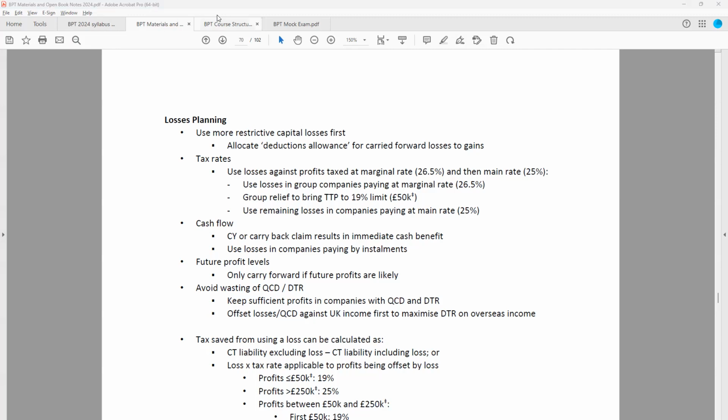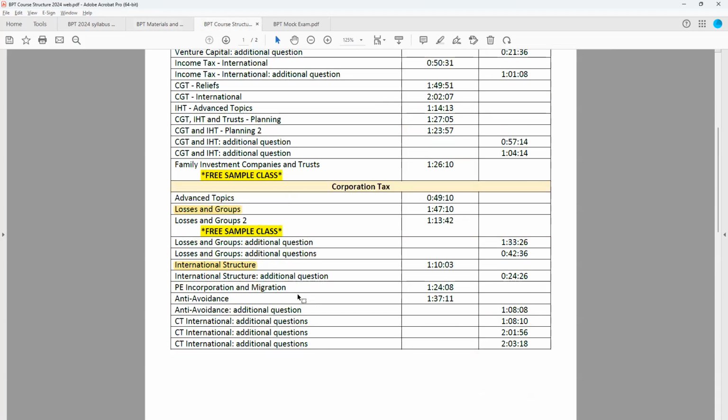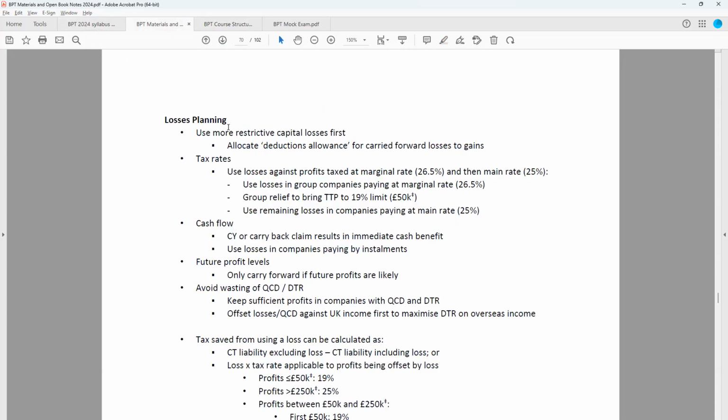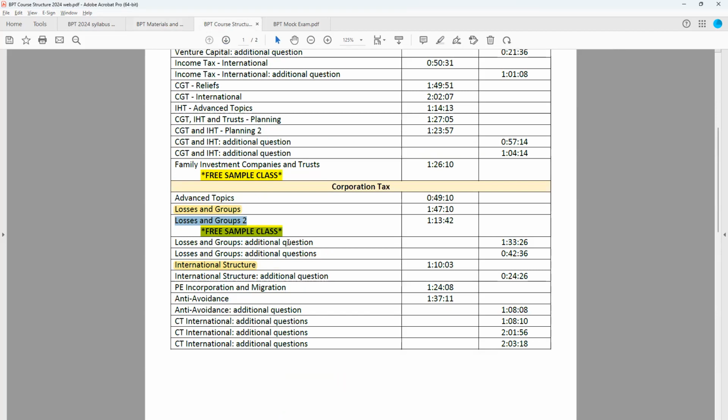One of the sample classes in the course, you can actually watch me work through a question in full when I work through these considerations of the best way to use a loss. And then obviously during the course, we've got even more questions where I explain these technical principles in more detail, and we work through lots of losses and groups questions so you can see these being applied in the exam.